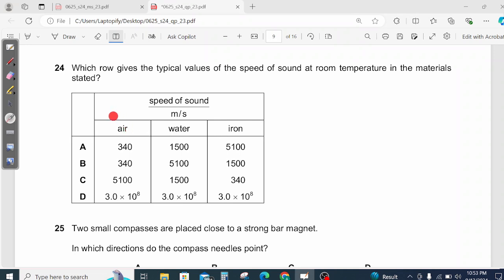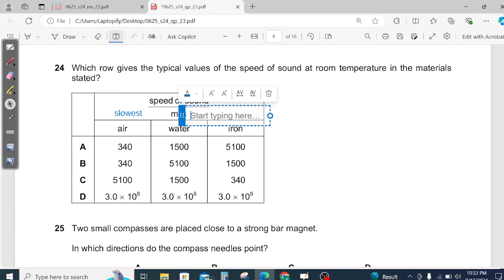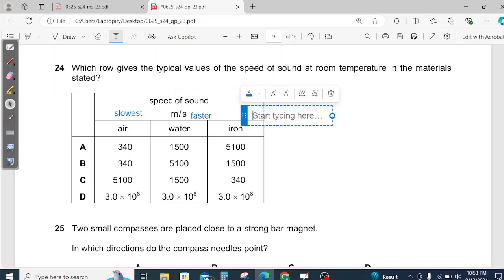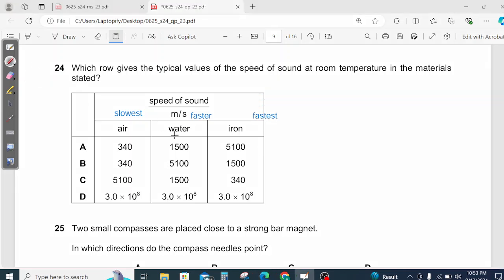Remember, the speed of sound is slowest in the air, faster in liquid and fastest in solid. Okay, so look at the options, the lowest value is this one.